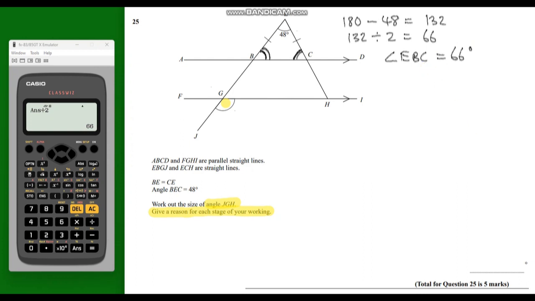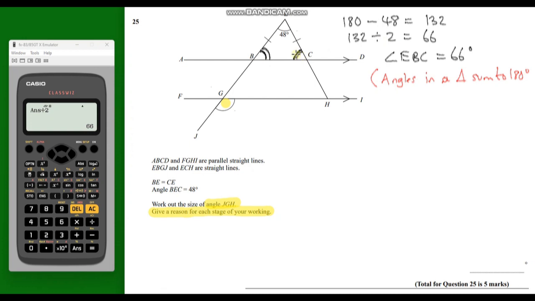And now we need to give our reasons. So remember, we need to give a reason for why it's 66. I'm just going to do this in a different color. So I'm going to say that angles in a triangle sum to 180 degrees. That's what we did here.